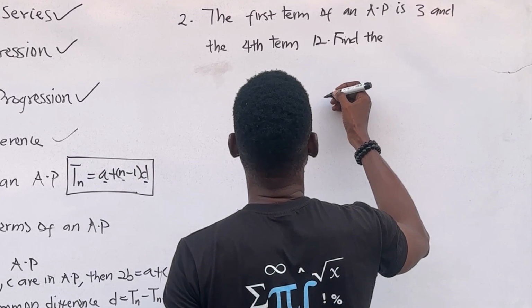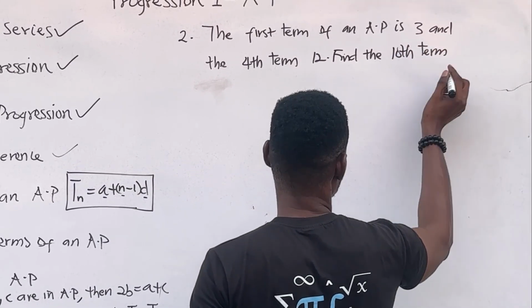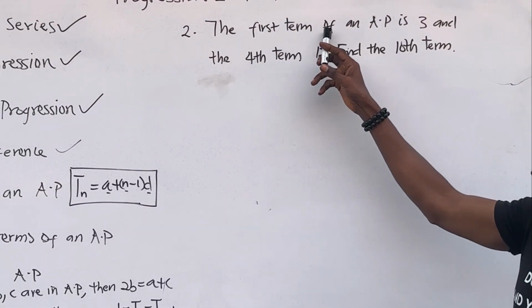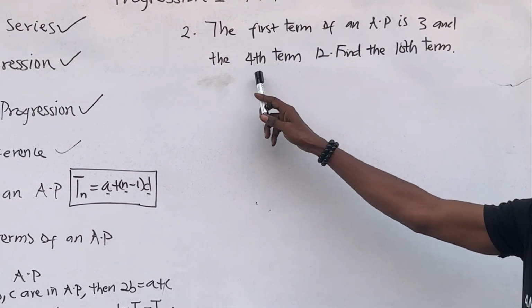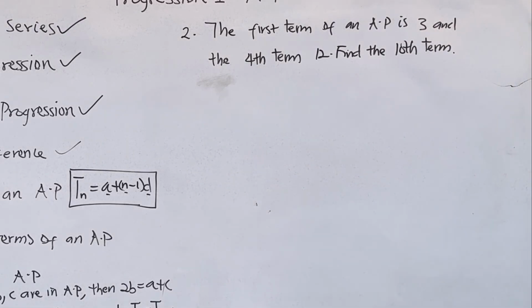Find the 10th term. So this one says the first term of an AP is 3 and the fourth term is 12. Find the 10th term.